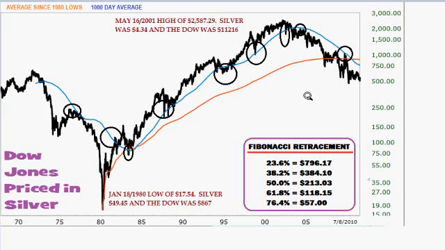So we've seen that the 1,000-day moving average has been a good level of resistance. It's been tested only twice during the bear market. Once on the immediate move lower, and then more recently with the 2008 highs.